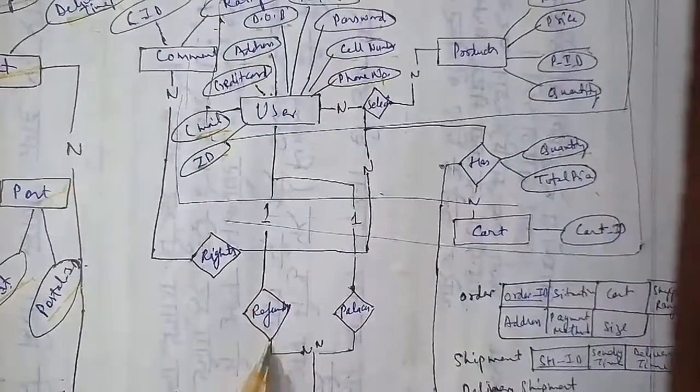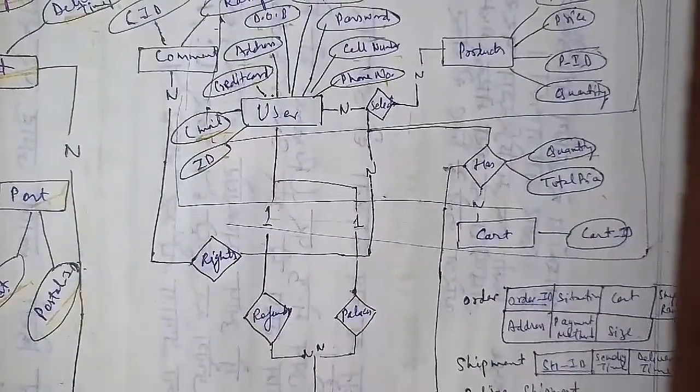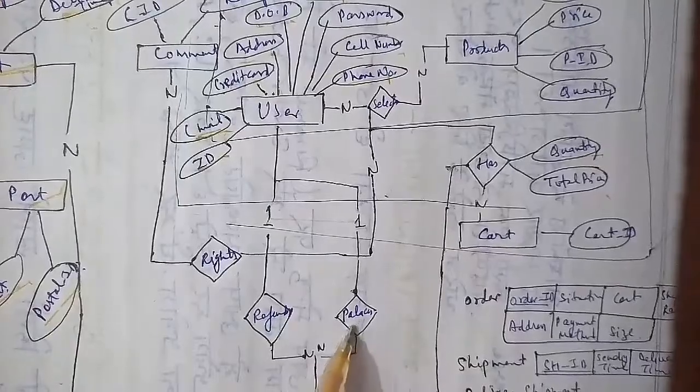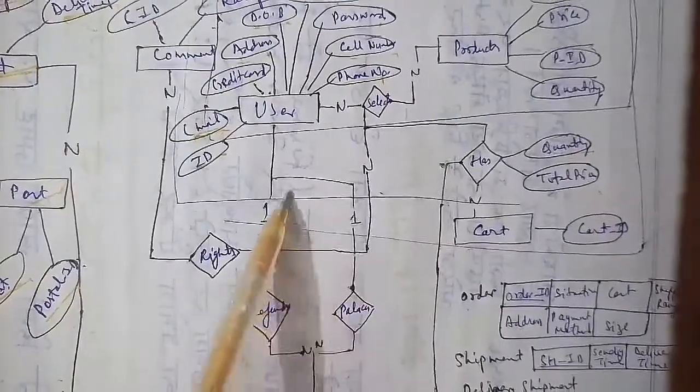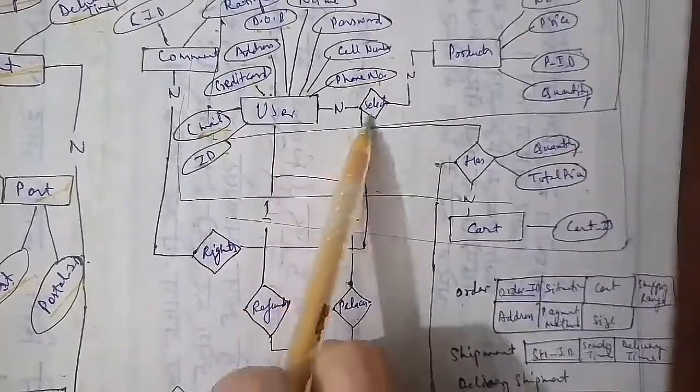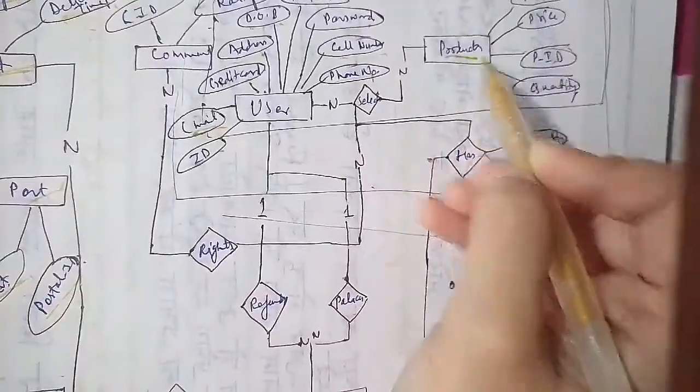The user can select the product, of course, that they pay for. In terms of the product, you have to know the name of the product, the price, the product ID, and the quantity of the product as well.